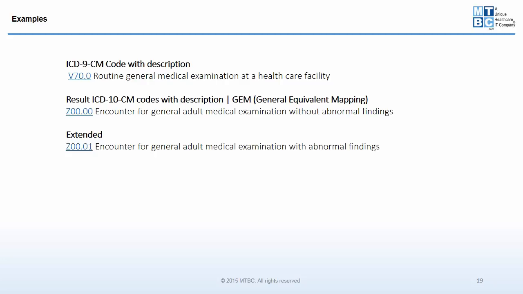If there is any abnormal findings, this is with adults, with children, any kind of routine general medical exam, any code that says with abnormal findings, you need to indicate what the abnormal findings are as an additional code. Again, if you look at the tabular and you go under Z00.01, it will tell you use additional code for the abnormal findings.